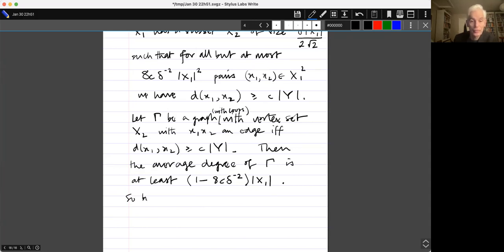So, by the previous lemma, the ugly averaging argument lemma, and the second case where I had a theta, now my theta is going to be 8c delta to the minus 2.